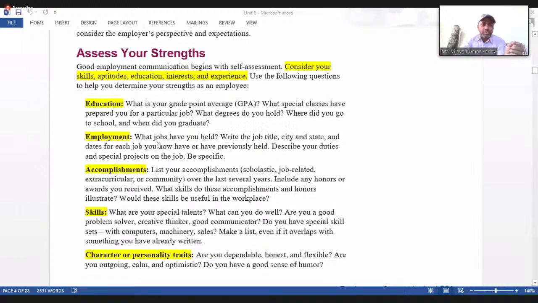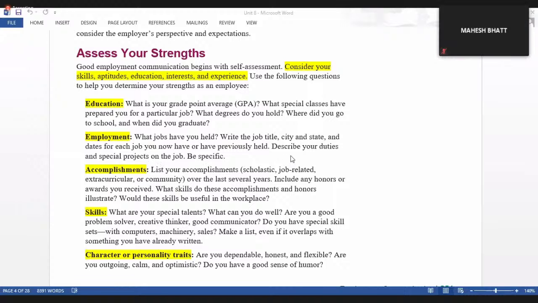Then you have employment. What jobs have you held? Previous jobs. Write the job title, city and state, and dates for each job you now have or have previously held. So what kind of job you are recently having, or what kind of job you have recently done, all these things you can mention here.